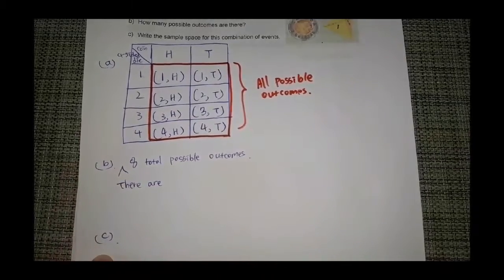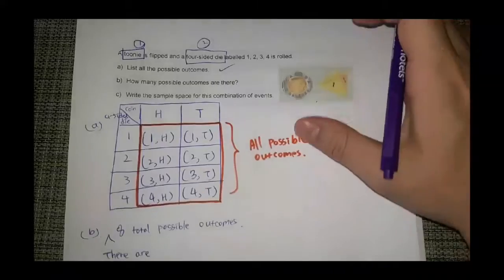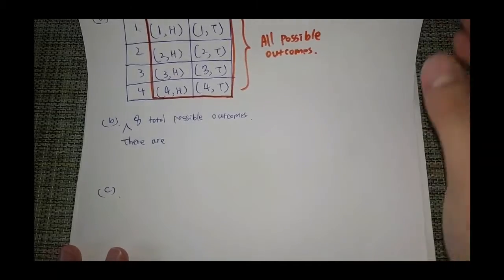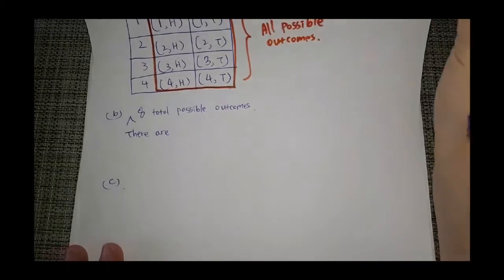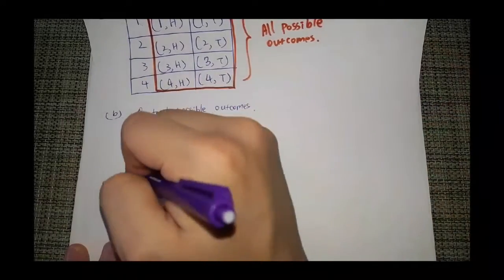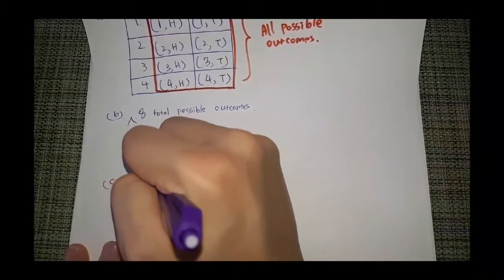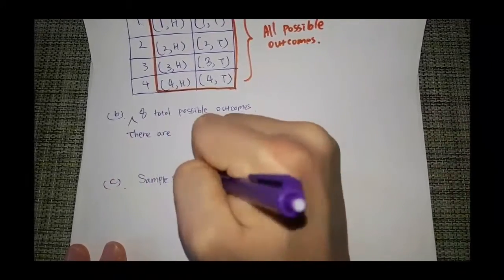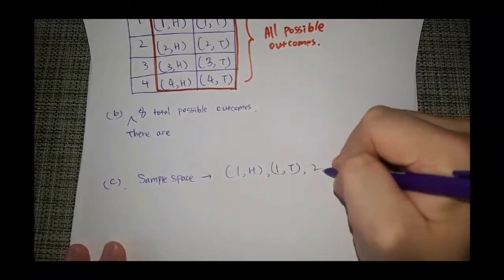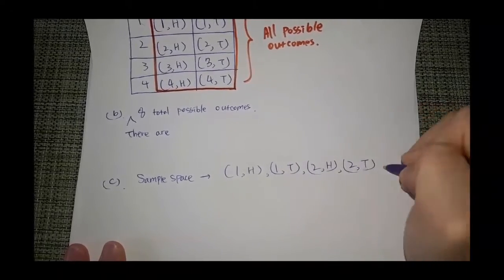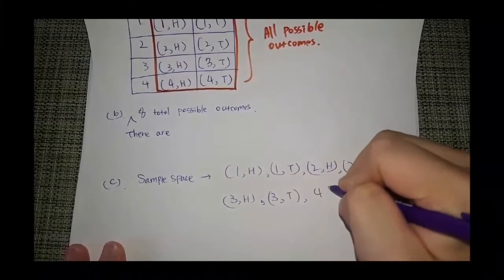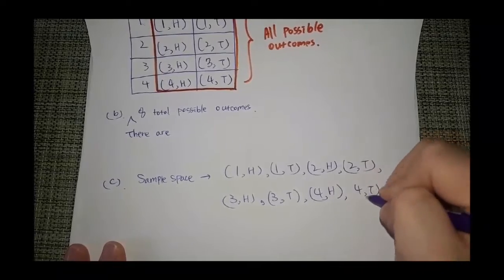C. Write the sample space. Then we gotta write every single thing, and I know this part is tedious, so in my actual test, when you create table and or tree diagram, one of them will be good enough because I can actually see the sample space, but this time it's a practice anyway, so sample space for this combination is 1 head, 1 tail, 2 head, 2 tail, 3 head, 3 tail, 4 head, 4 tail.